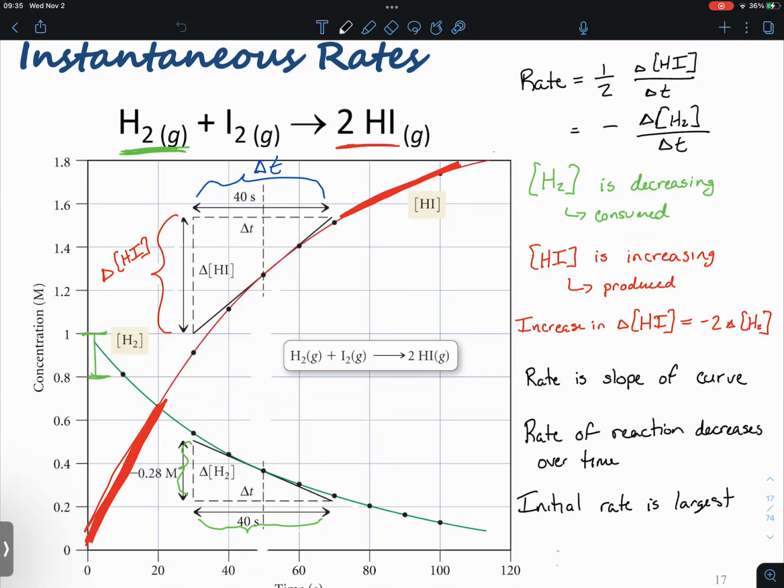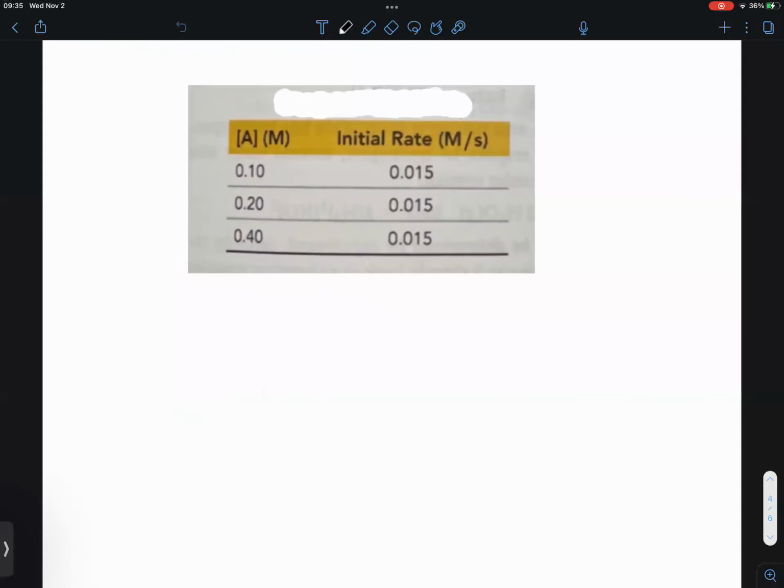What we're going to do is take our reaction and measure this first little bit here, this initial part where it's the steepest, and we're going to do that at a few different concentrations. Our data that we would get would be something like this.